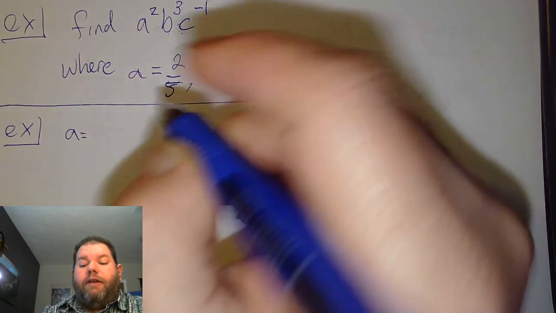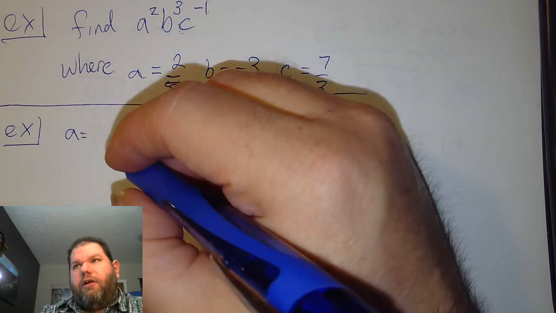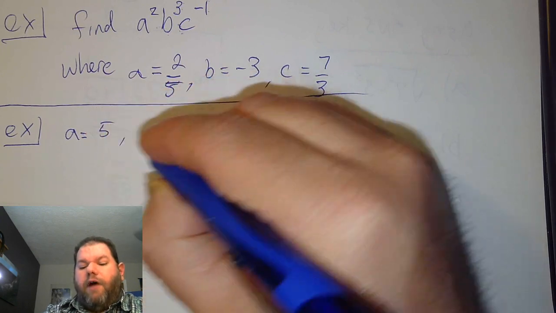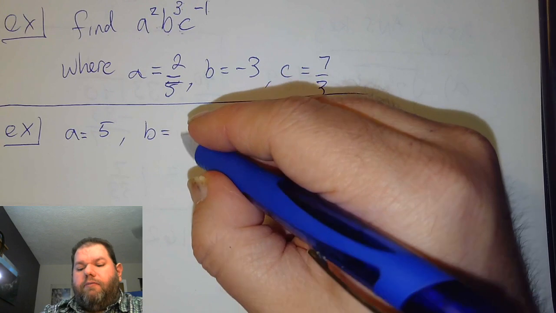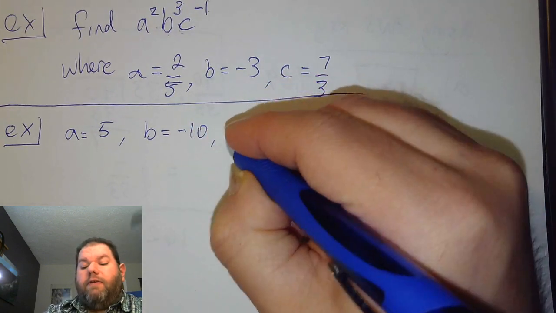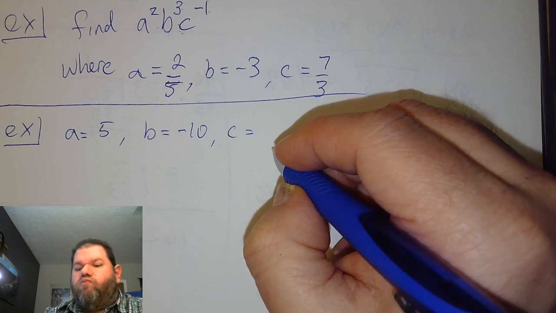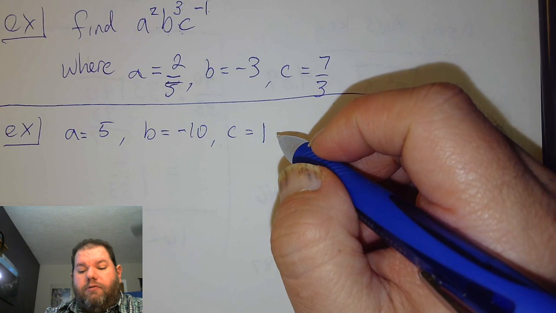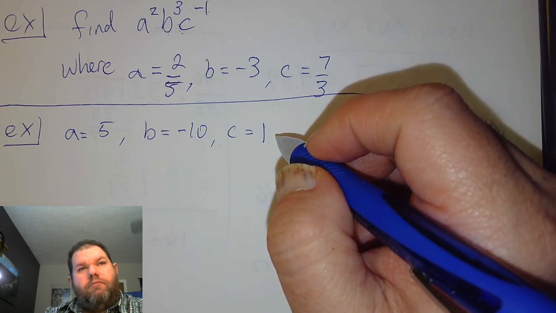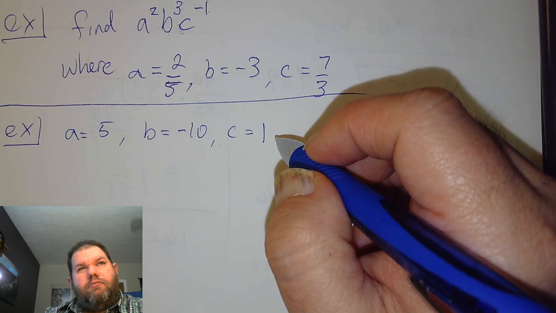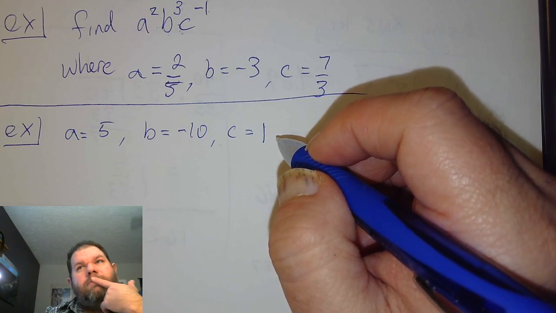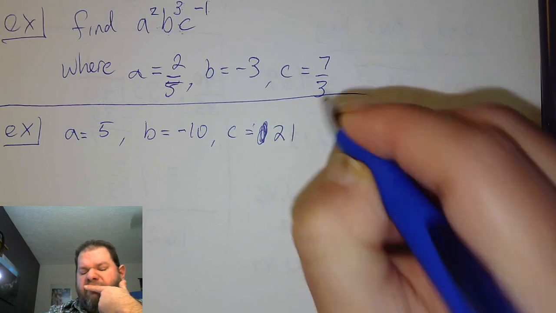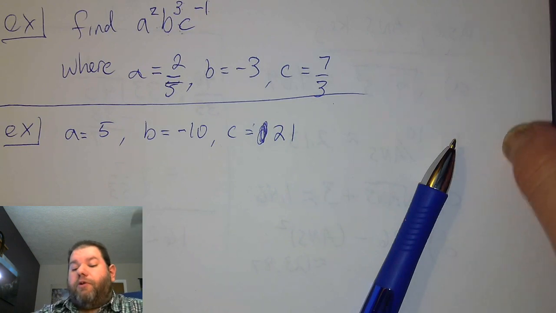So we might have different values for A, B, C, and D. Let's say A is 5, B is -10, and C is 1. Let's say 21 there. Okay.